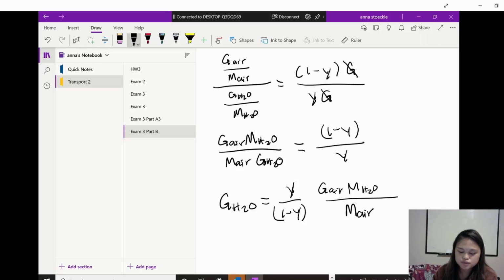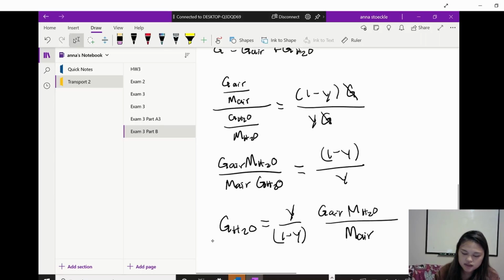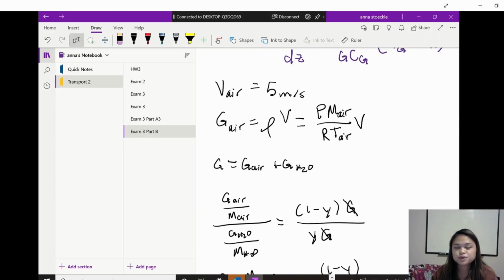And then we just plug this all the way back in to get our total gas flow rate, which we are interested in.